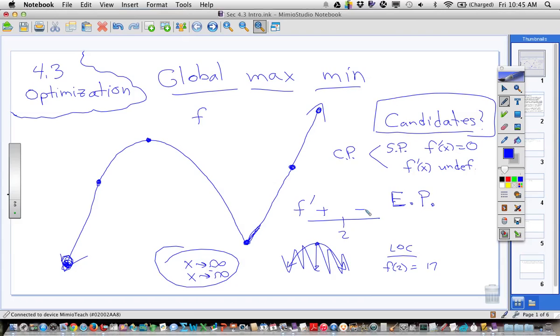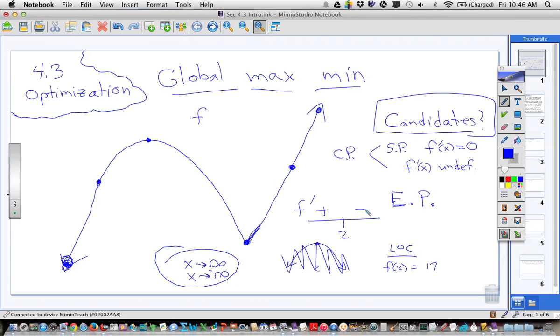So what you would say, and this is allowed on the AP test, this is the only time you can use a number line for a global max min, is you have to use the word always. You would have to say, since f prime is always positive before 2 and always negative after 2, then there's a global max here, because f would always be increasing before 2 and then always decreasing after 2. And so therefore, there's a global maximum there, right? So that's how you can handle a one candidate situation.